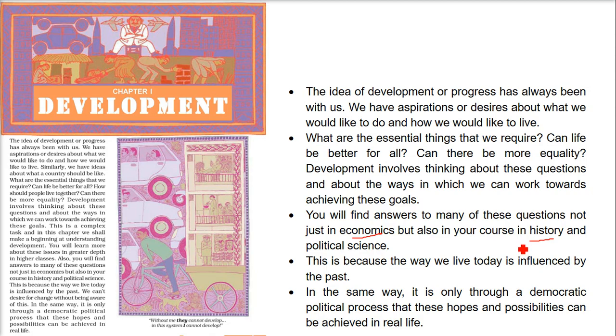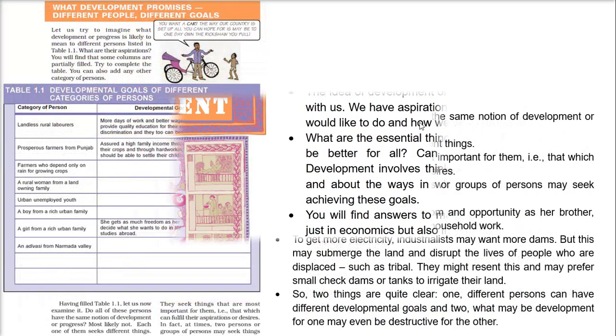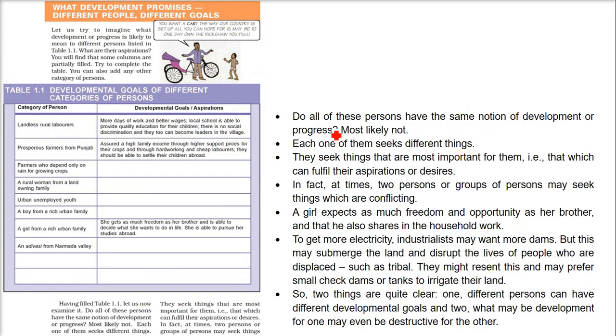It took long, whether good or bad. The second thing is the democratic political process. We need to understand the political scenario also, because all the hopes and aspirations we have in real life are achieved through the government we make and the policies they make.